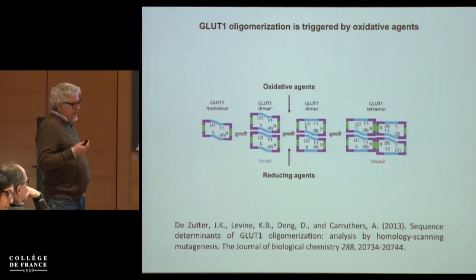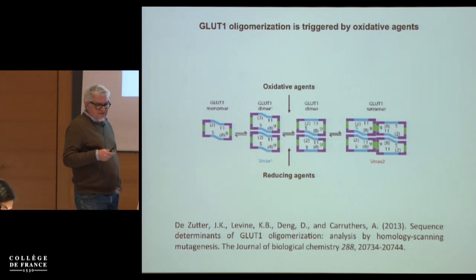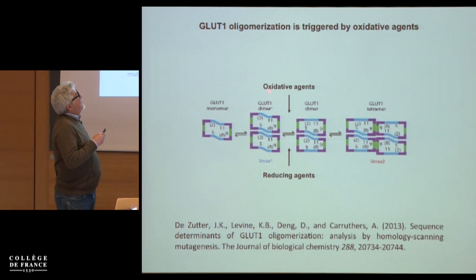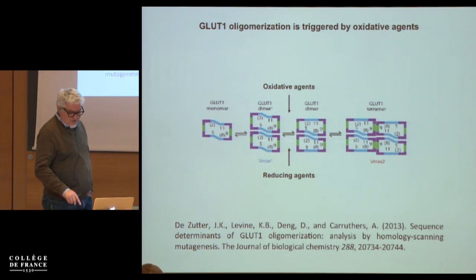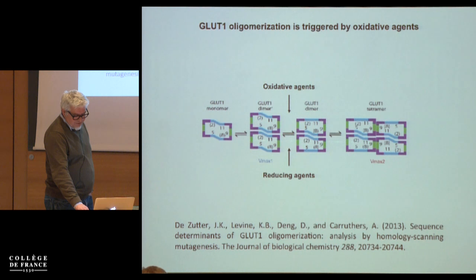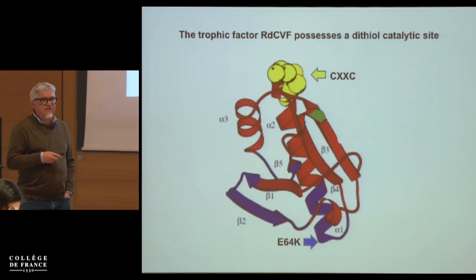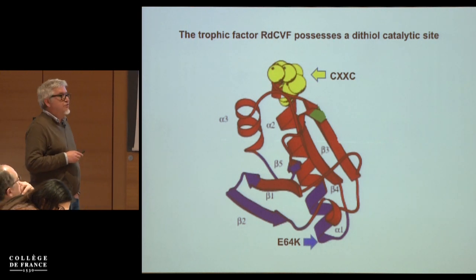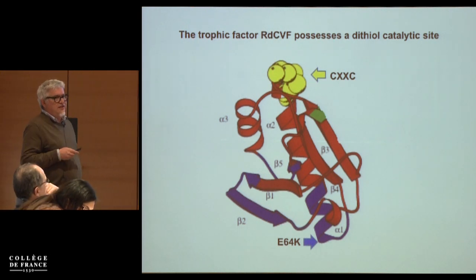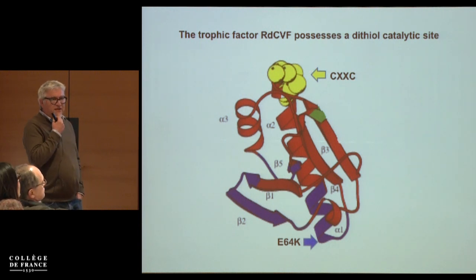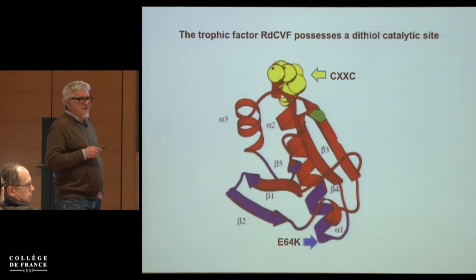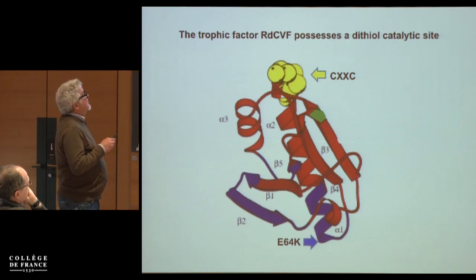So this inspired me that maybe RDCVF is sort of an oxidative agent which triggers the dimeric to tetrameric form, which basically will increase the Vmax of the glucose transport onto the cone. So first of all, in order to work, you have to have an oxidative agent. Why RDCVF, which is a truncated thioredoxin, has no thiol oxidoreductase activity, as for TXNL1?